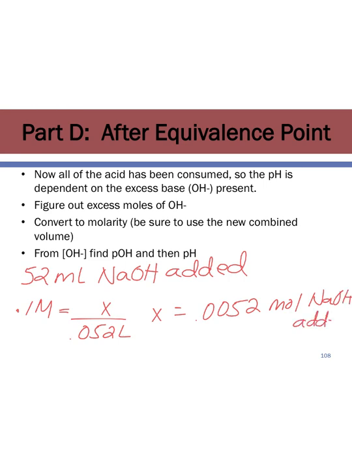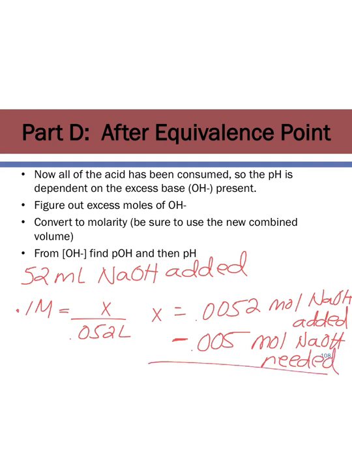Total were added. Now we already know from my previous part that 0.05 moles of NaOH were needed, or used, for the neutralization. So therefore, we would have 0.002 moles of NaOH present in excess.